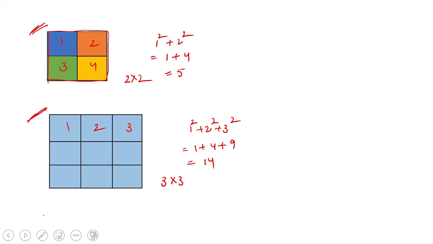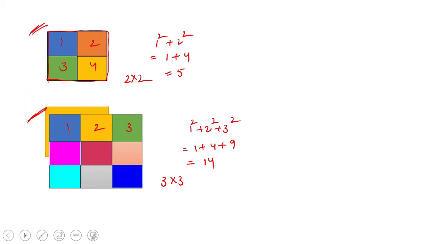Now see, 1, 2, 3, 4, 5, 6, 7, 8, 9, 10, 11, 12, 13 and this big square.